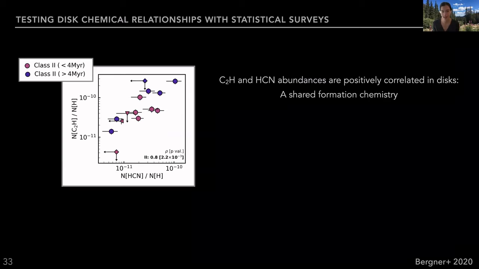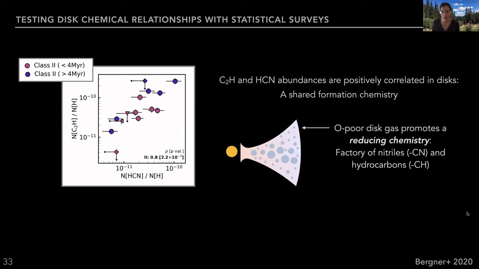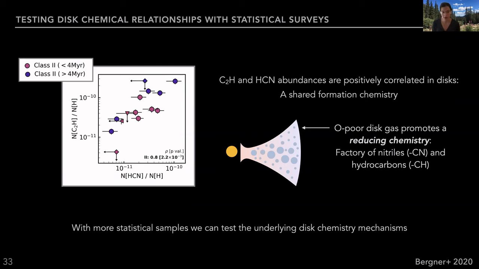So this, again, supports our notion that the hydrocarbon and nitrile chemistry is related through perhaps this oxygen-poor disk gas, where in sources where you have very abundant hydrocarbons, you also have abundant nitriles, consistent with this reducing chemistry driven by oxygen-poor gas. So all this is sort of to say that with these more statistical samples, we can actually start to test the underlying mechanisms that are leading to the production of different molecules in disks.